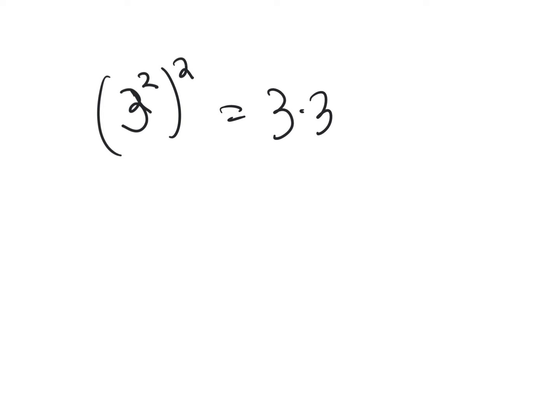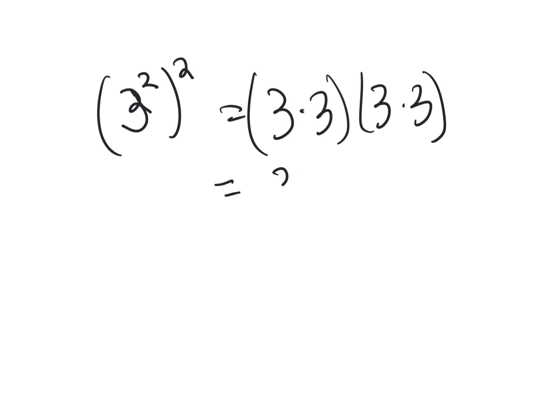What if I have a power to a power? What if I have 3 squared squared? That would be 3 times 3, 3 squared, squared, which is just 3 to the 4th. What about 3 cubed squared?